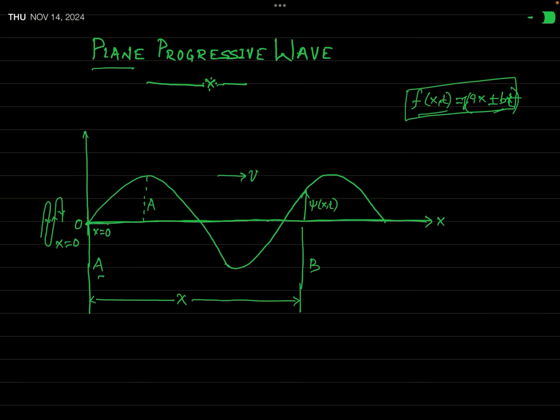We consider it. Okay? In this condition, the disturbance produced will move along this medium in x direction, let us say with velocity v. Now, one thing you should remember, that if the medium is isotropic and homogeneous, then this disturbance will travel with a constant velocity.